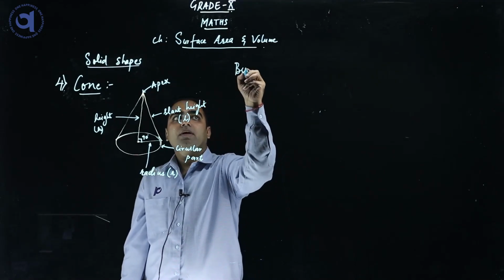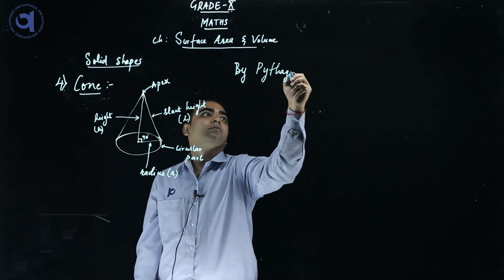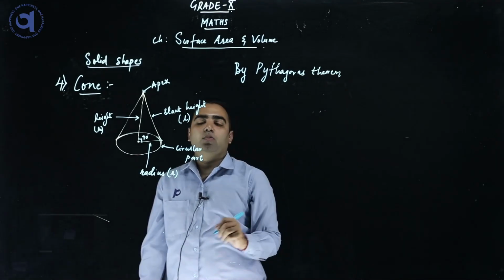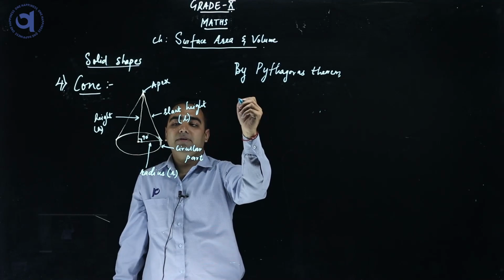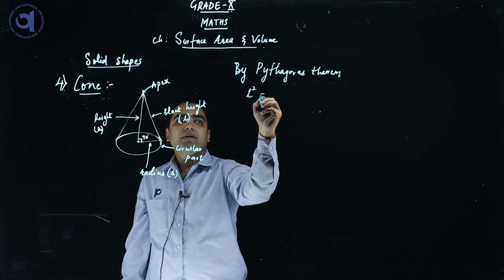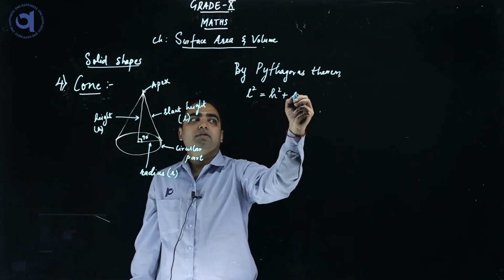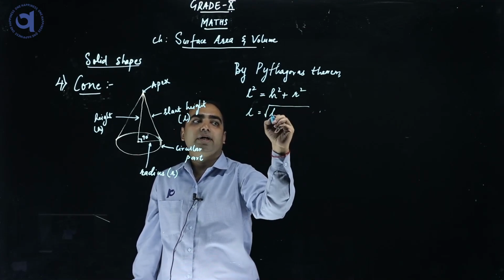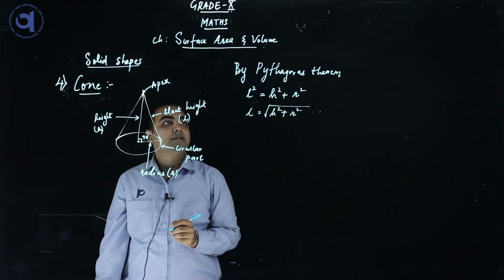By using Pythagoras theorem. So what is Pythagoras theorem? That is hypotenuse square equals side square plus base square. So what is our hypotenuse? That is L square is equal to height square, that is h square plus r square. If I want to find L, then this side it will go, so under root h square plus r square. So this is how I can find slant height.